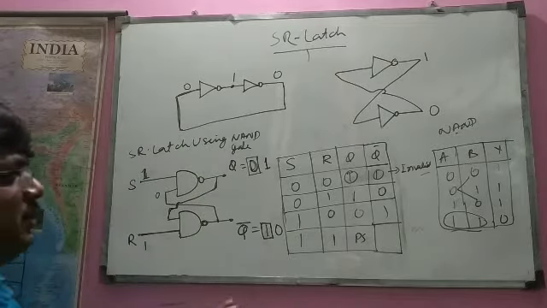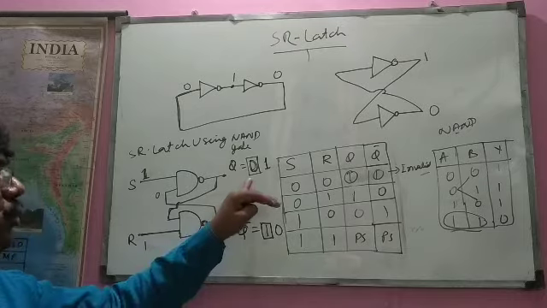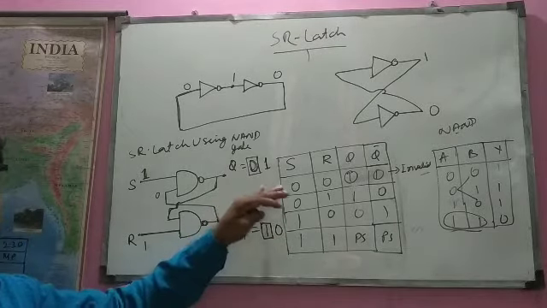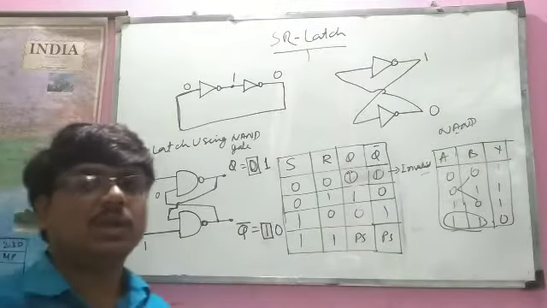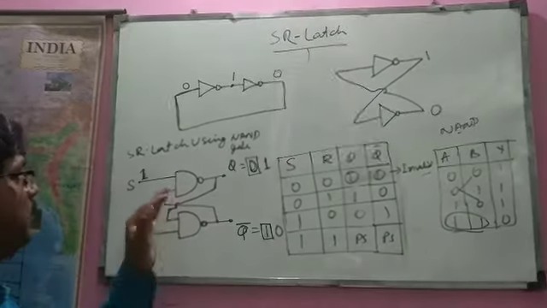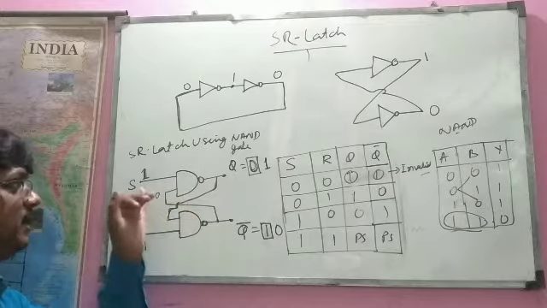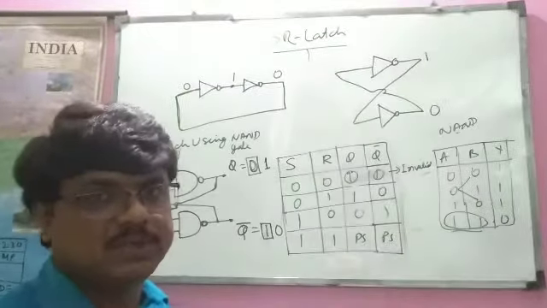Hence, if the output was 0, it will remain in 0 state. If the output was 1, it will remain in 1 state. When the input to the SR latch using NAND gate is 1 1, its output is not going to change.